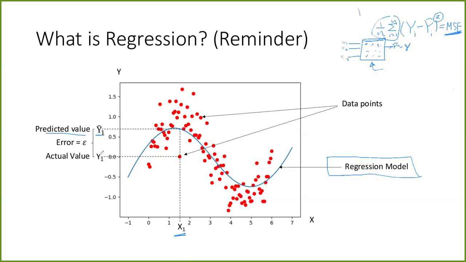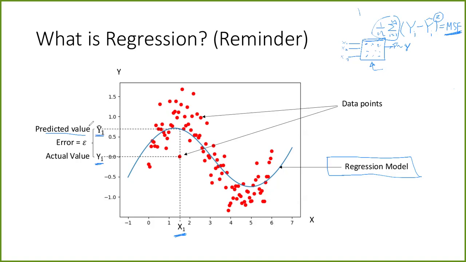The exact value for this data point is y1. This is what the label says. In the data set, the value for this x1 data point is given by y1. But the model predicts it is y1 hat.